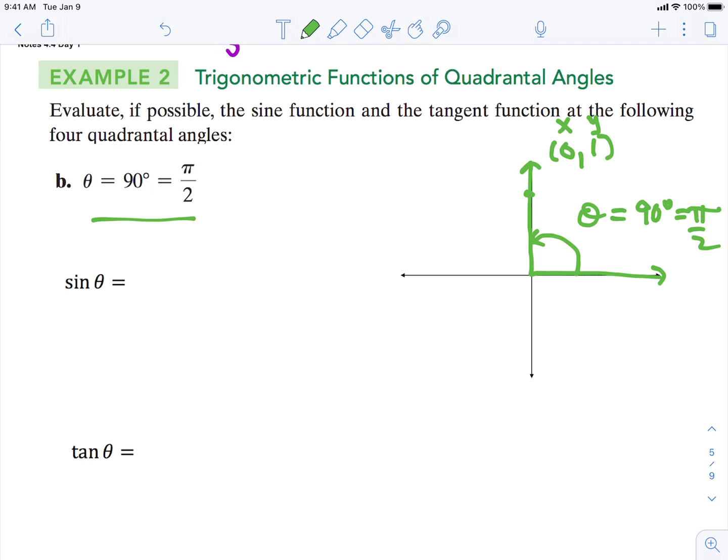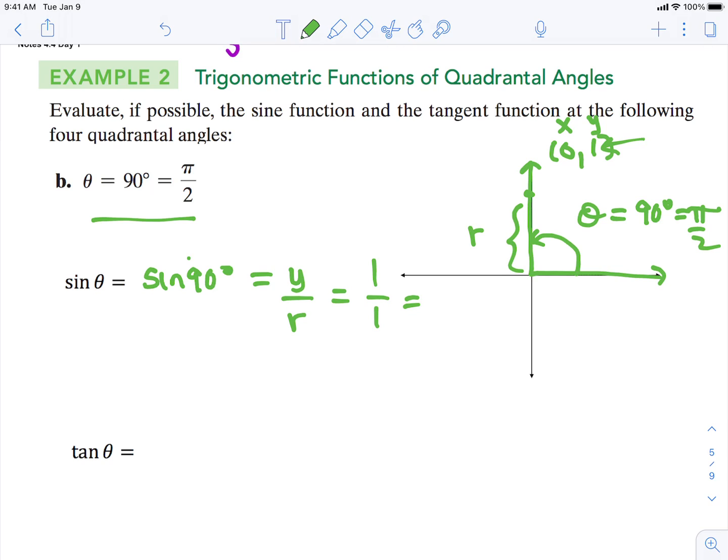So for 90 degrees, the sine is y over r. Well, this is our y. And then our radius is also 1.